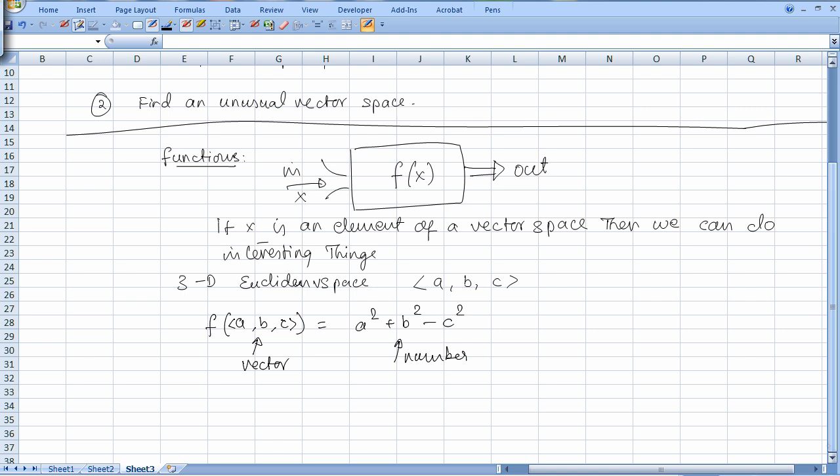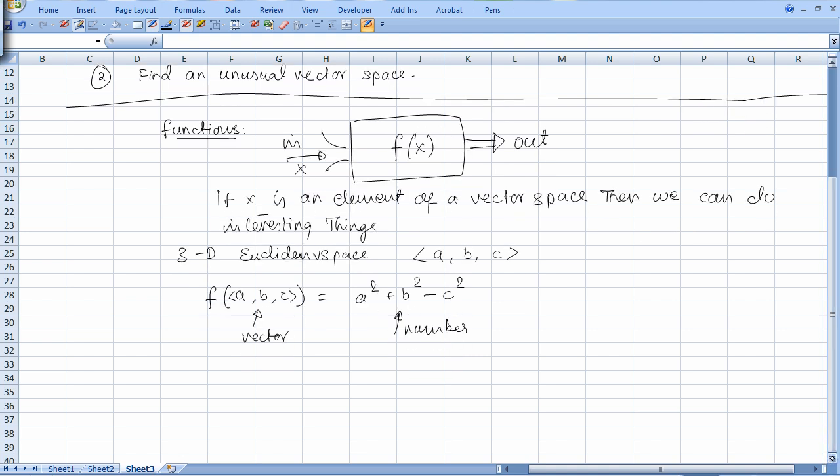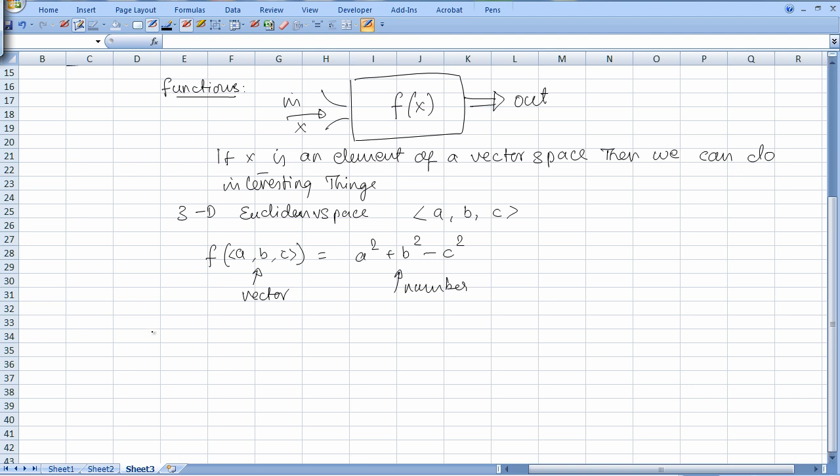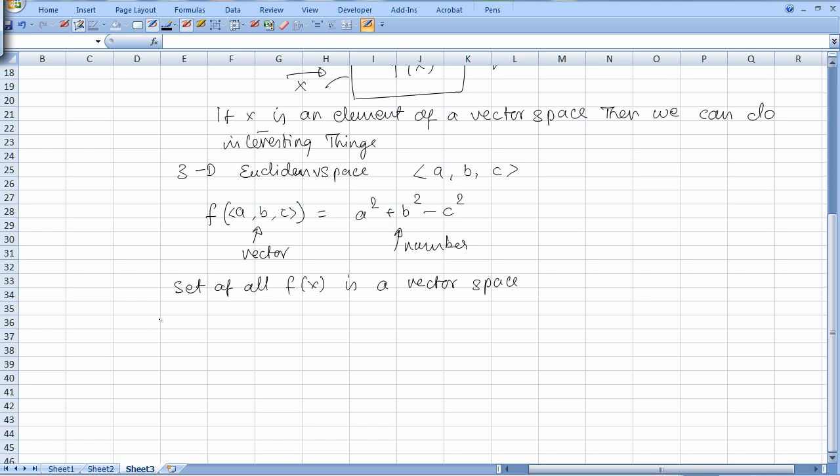Right? And you're thinking, okay, what's a big deal? We have done this, we know how to do all kinds of things. Now let's look at something more interesting. Suppose my input is itself a function. So remember, set of all functions is a vector space. So now I can do all kinds of things. Suppose I look at the following thing.